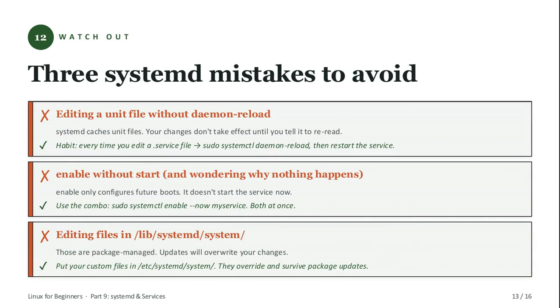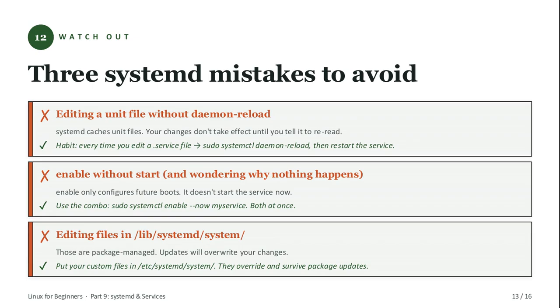Now, before you start writing your own services, let me save you some headaches with 3 classic stumbles. First, edit a unit file and systemd won't notice until you run daemon reload. It caches everything, so make that reload reflex automatic. Second, enable just schedules the service for future boots.